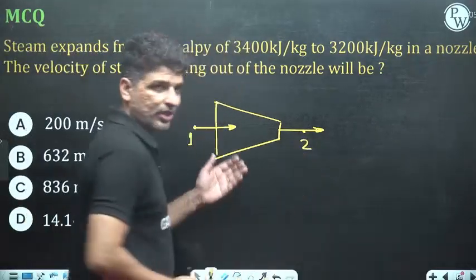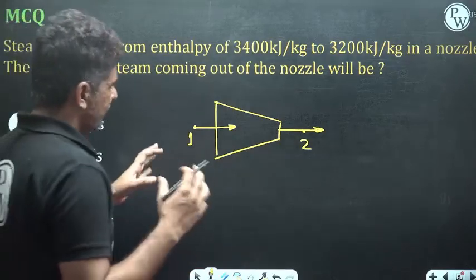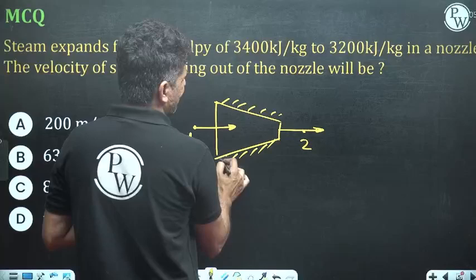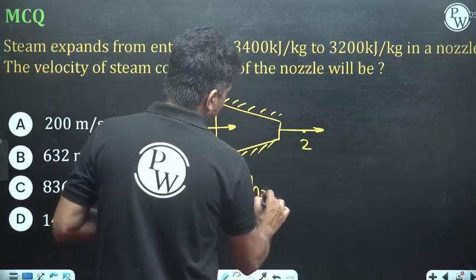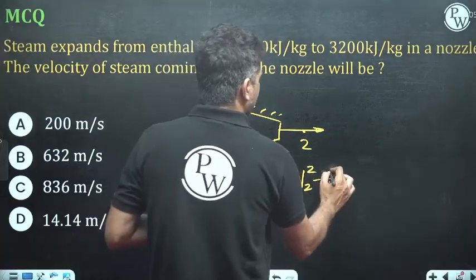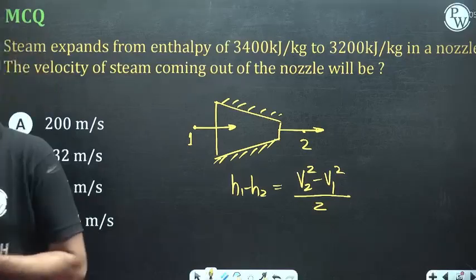So if your steam is entering from location 1 to 2, we know that in case of a nozzle, generally the nozzles are adiabatic devices and there is no work extracted. So whatever is the enthalpy drop that takes place, H1 minus H2, that is directly converted into the kinetic energy, V2 square minus V1 square by 2. Okay.